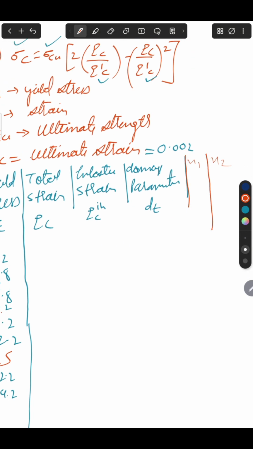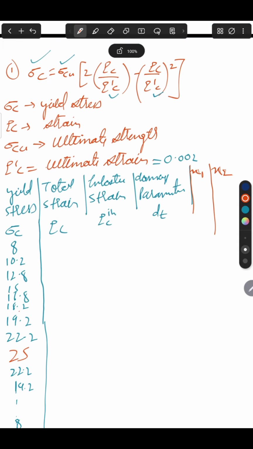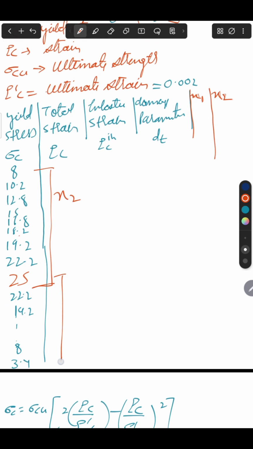From this point to this point we have to use one value, and after that point we have to use the other.